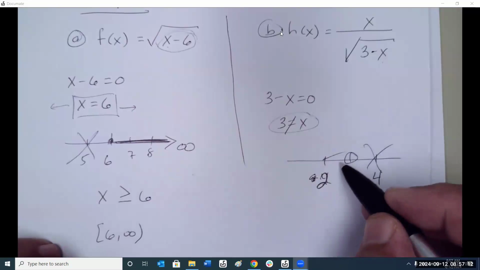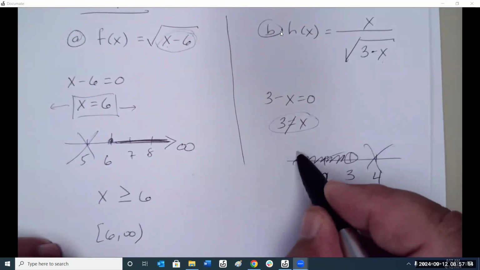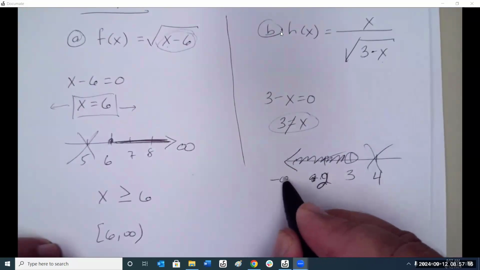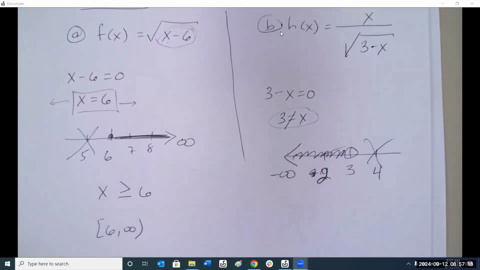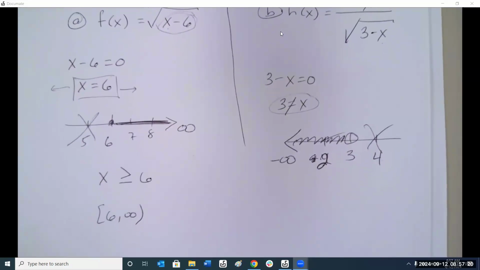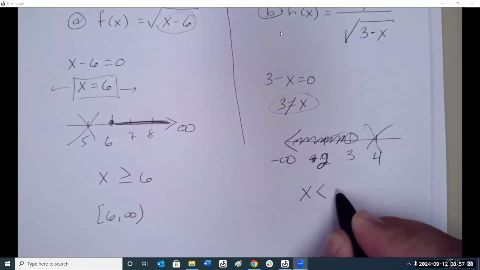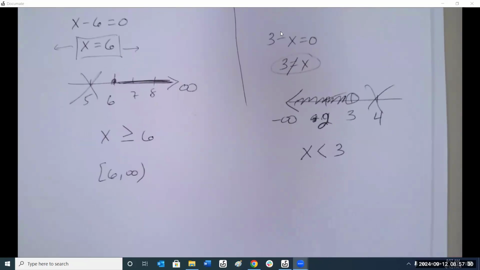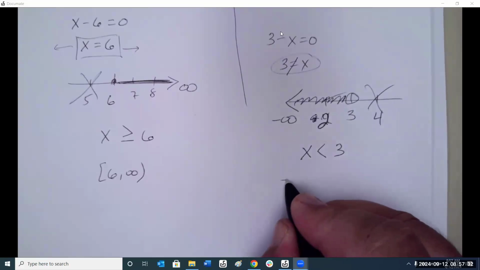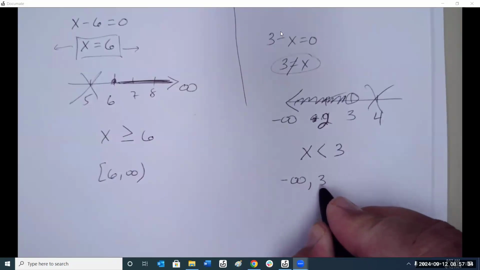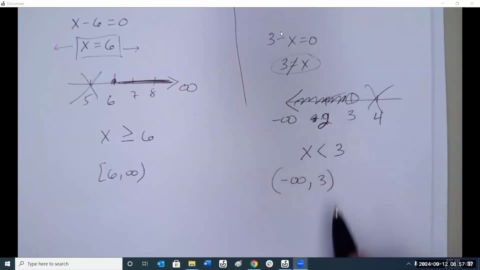No. So I know my answers here go to negative infinity. So my x is going to be strictly less than 3, or it goes from negative infinity to 3 in the parentheses, or that graph.